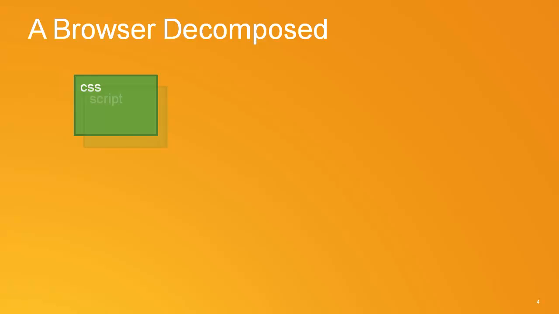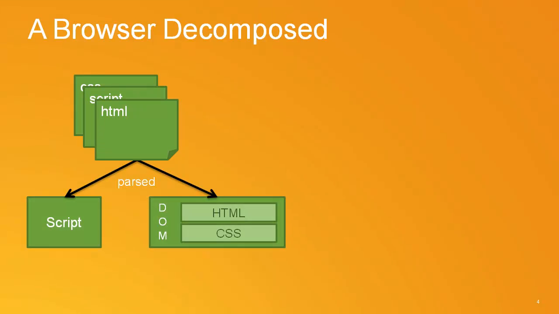Before we even start, let's see how the browser behaves. At the first point, we have our code. We have CSS, script, and HTML. Those things are downloaded by the browser, and then the first thing it does is parse this information. It's going to create a DOM, and here it's going to take the HTML and CSS portions of the code that it downloads, and on the other side it's going to bring all of this script.